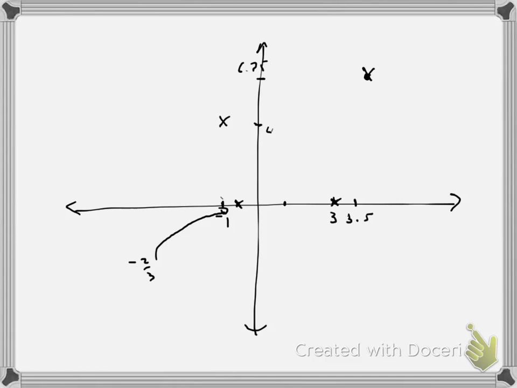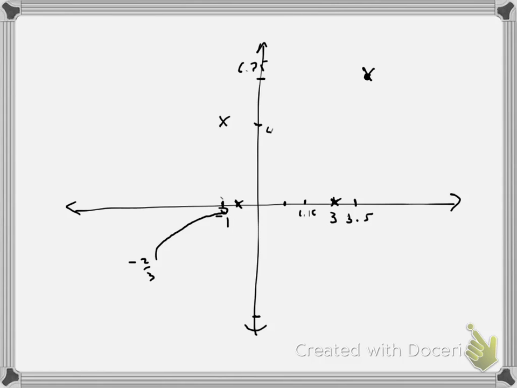-2/3. Now, so therefore, the last thing I've got was my turning point, which was 1.16, and its corresponding y value was -10. It's going to be somewhere down here.